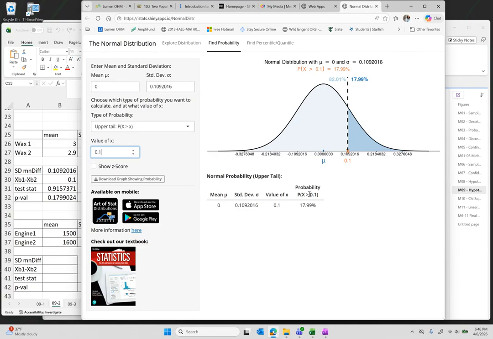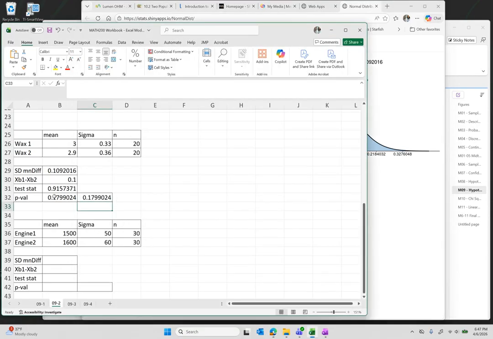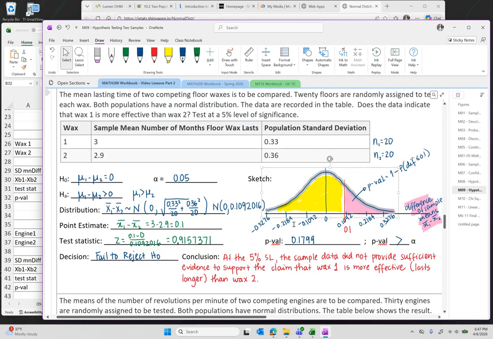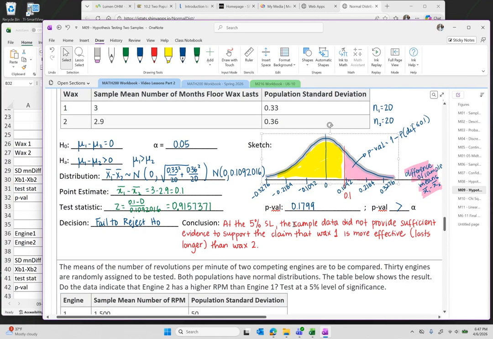And we found here that the probability is 17.99% or 0.1799, which also agrees with the p-value we found and what we wrote here when we rounded the p-value, and that p-value is greater than alpha, which results in the same decision and the same conclusion.